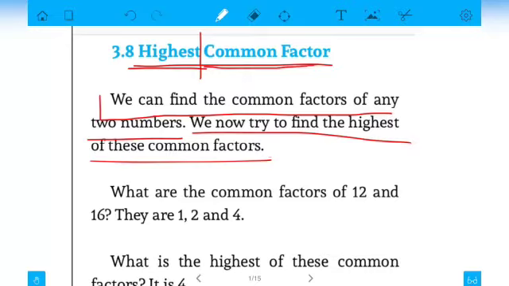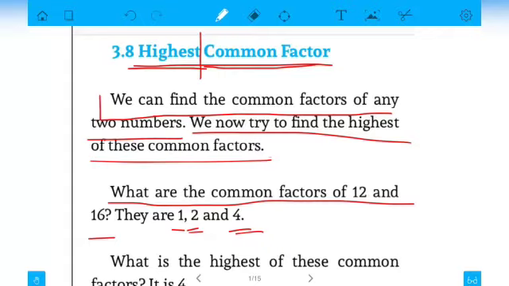For example, if I talk about the common factors of 12 and 16, you will say that the common factors of 12 and 16 are 1, 2 and 4, because they all come in the tables of 1, 2 and 4. These are not all the factors. These are the common factors which can divide 12 and 16 both.